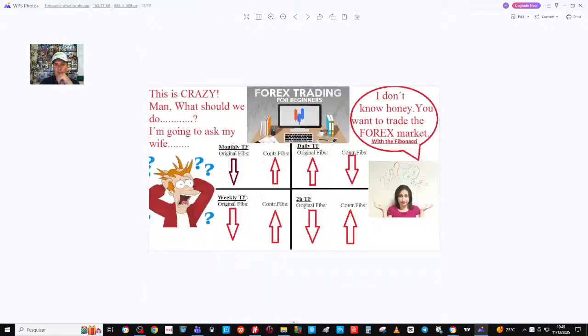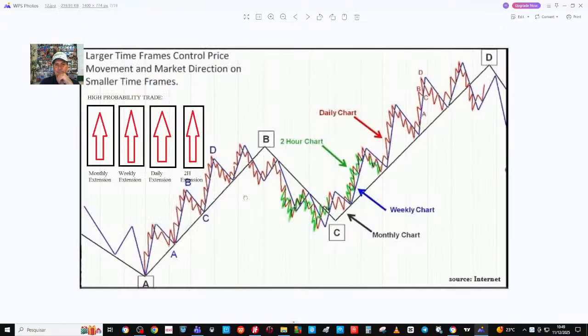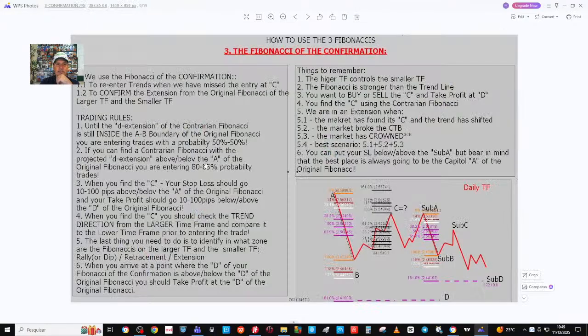And if I'm not mistaken, give me a second. Trading rules. Until the sub D extension of the contrarian Fibonacci is still inside the AB boundary of the original Fibonacci, you're entering trades with a probability of 50-50, that's alright. If you can find the contrarian Fibonacci with the projected D extension above or below the capital A of the original Fibonacci, you're entering at 80 to 85, that's okay.